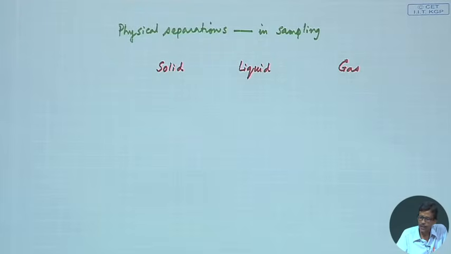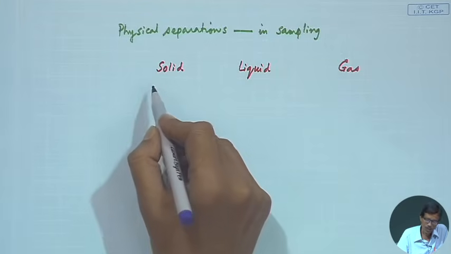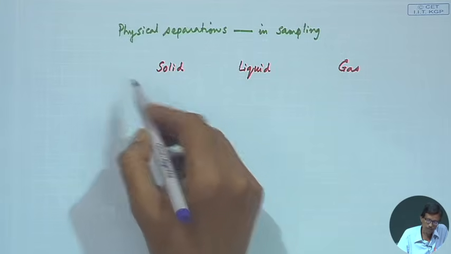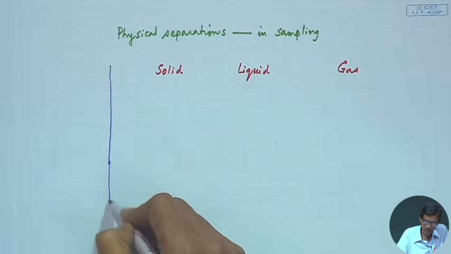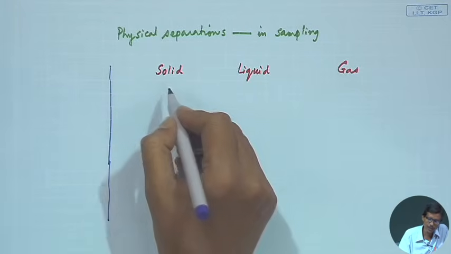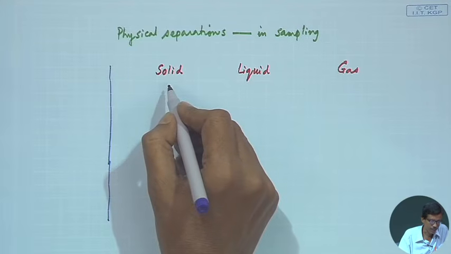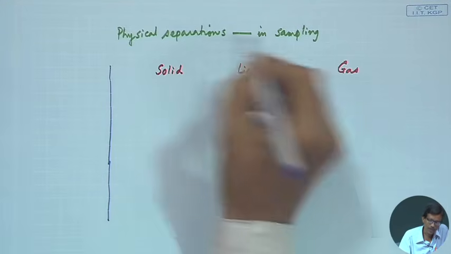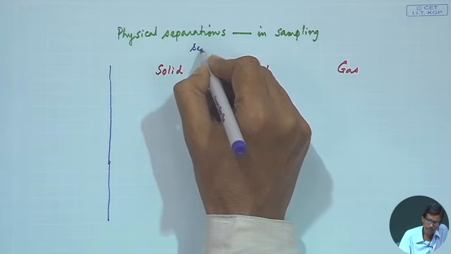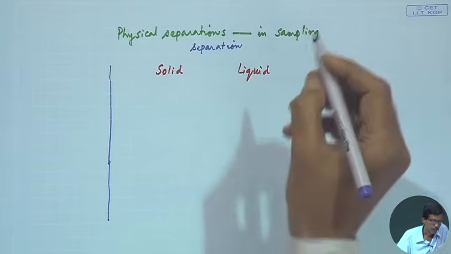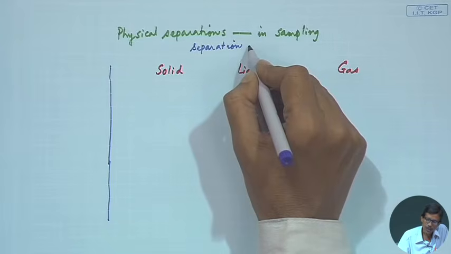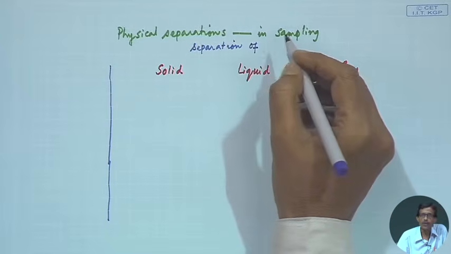How are these there? Because if we have one solid and we try to separate it from another solid, that means separation. So, it is separation of different components.